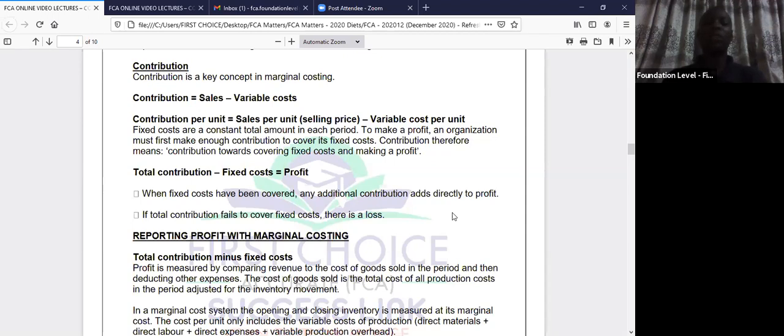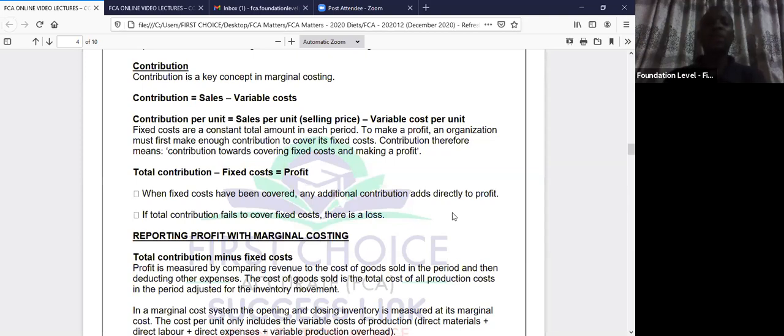So whenever your contribution is equal to your fixed cost, your profit is zero. Because let's say your contribution is 100 naira, your fixed cost is 100 naira, contribution minus fixed cost will give you zero.